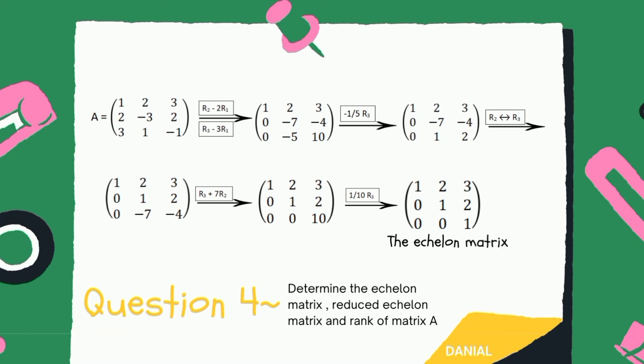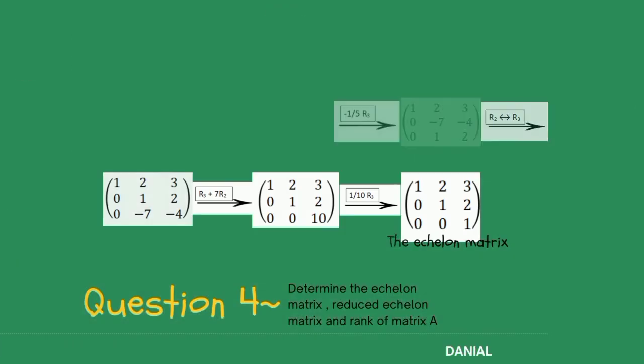Next, row 3 plus 7 row 2. So row 3 is referred to I and row 2 is referred to J. So we need to change at row 2. Lastly, 1 over 10 row 3. We just multiply 1 over 10 with row 3. So the actual matrix is 1 2 3 0 1 2 0 0 1.